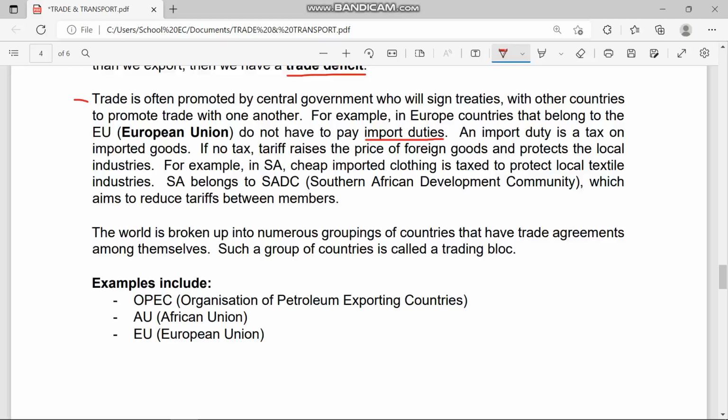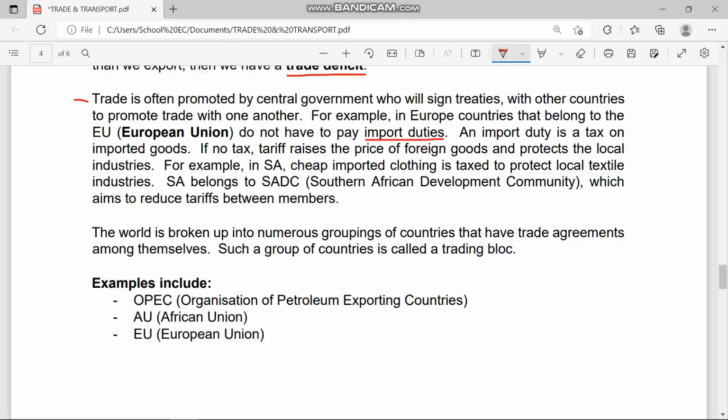That's why it's taxed, so that it becomes at least not cheaper than the local goods and services, the local brands and local industries. So import duty is a tax that is added on imported goods.